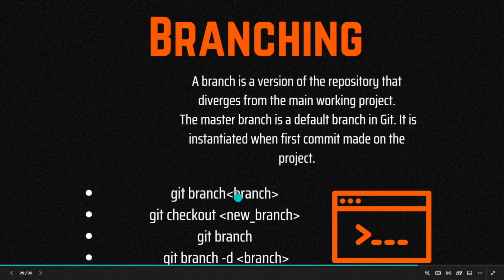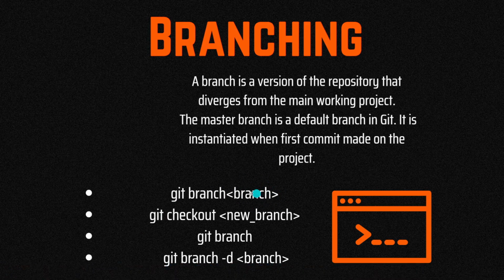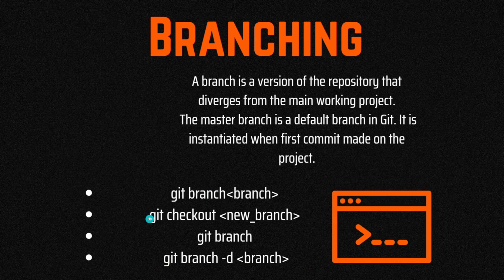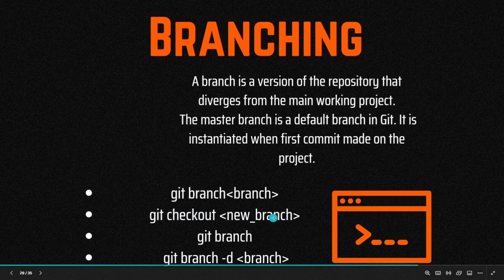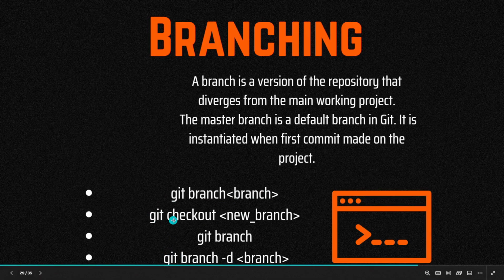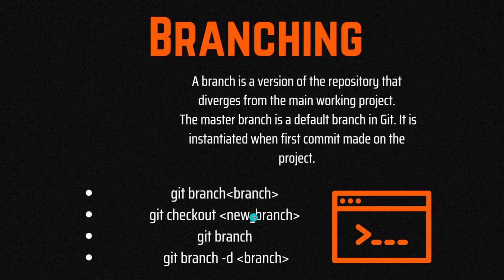You will create a branch called homepage, which will have a snapshot from whatever branch you are in right now. So let's say you are in the main branch. After creating the branch, you should change to this branch. You can use git checkout. So git branch creates the branch, and git checkout moves the head of git, so you go to this new branch.